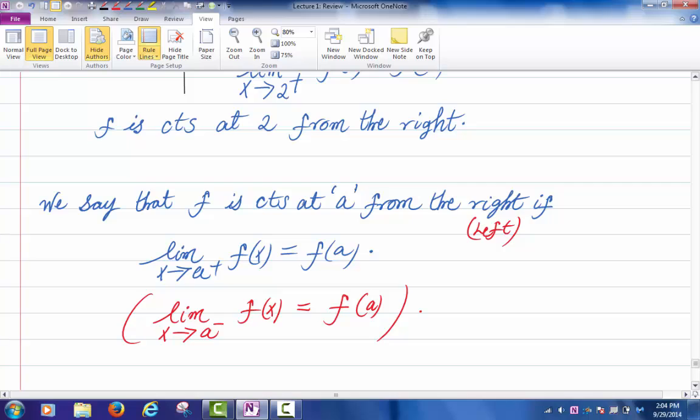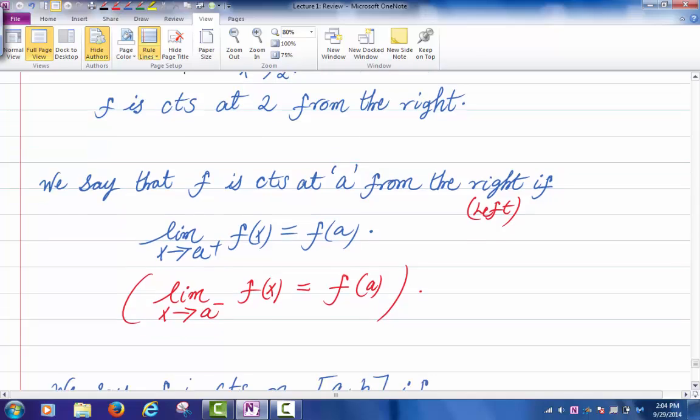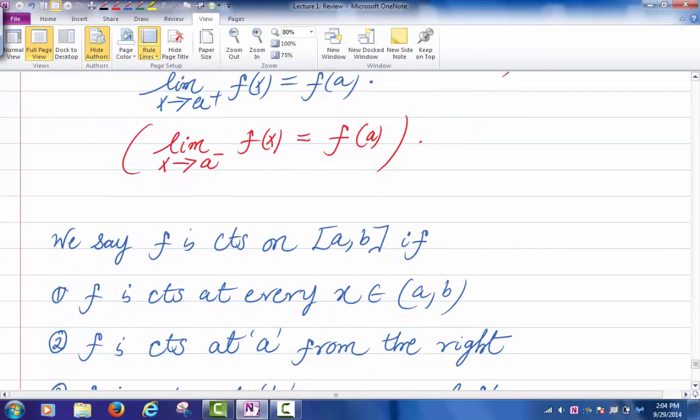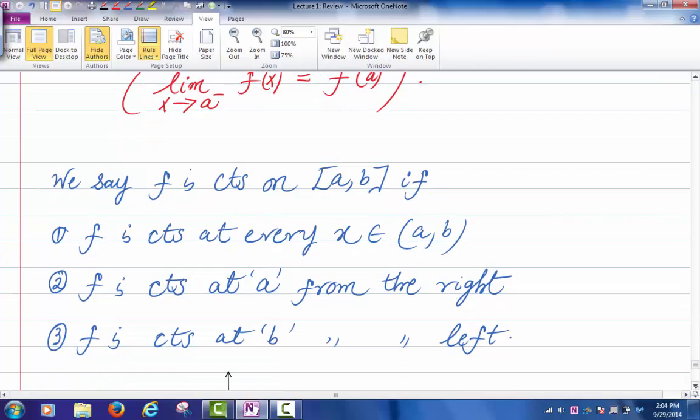Okay, and similarly you define what it means to say that f is continuous at a from the left side. Okay, so those are the basic terminologies that we talked about last time, together with many examples on this topic.